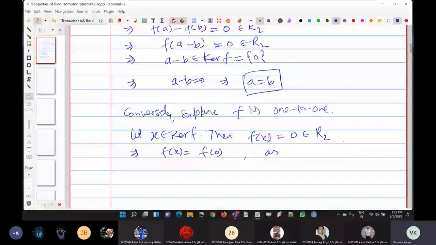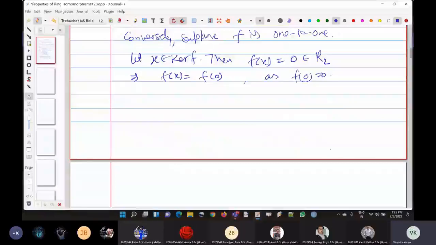as f is a homomorphism, f(0) equals 0. So this implies that x equals 0, as we have assumed that f is 1-1. So whenever we take any element x in the kernel of f, x has to be 0.